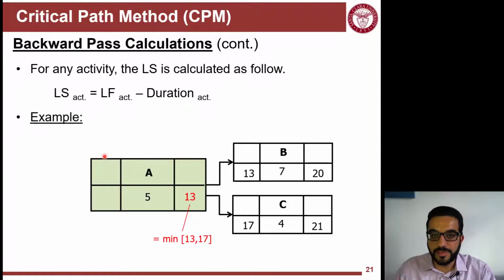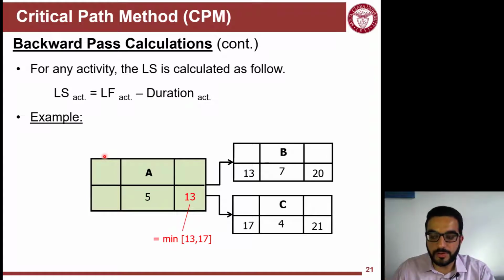So for example, if A here is the one I'm trying to apply the backward pass calculations to, I will see here that B and C are successors, and I figure out that their late start is 13 and 17. So the latest I can afford to finish A will be the minimum of 13 and 17.